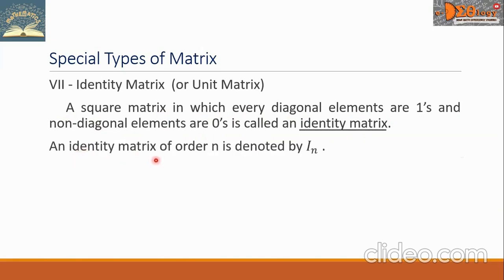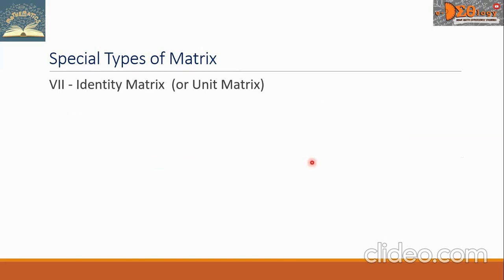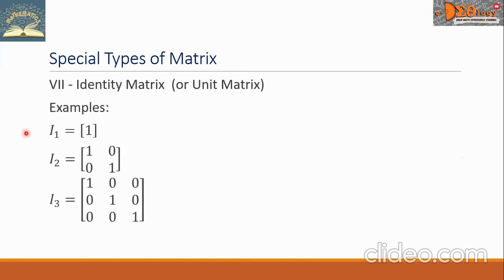An identity matrix of order n is denoted by capital I sub n. We have here 3 examples. I sub 1 is equal to the matrix with only one element, which is 1. And this is of order 1.